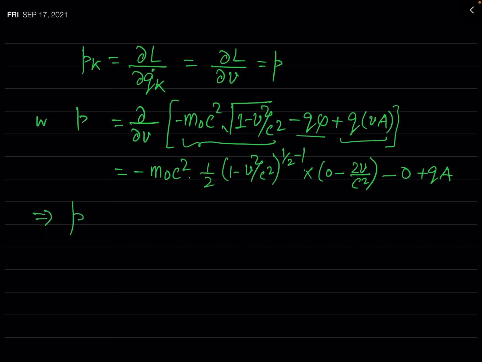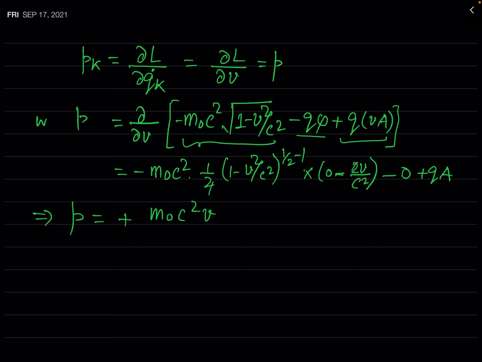And now let us simplify this result to some extent. You can see it here. This minus and this minus will now become plus. So this is m naught c square into v. You can see this 2 and this 2 will cancel out.